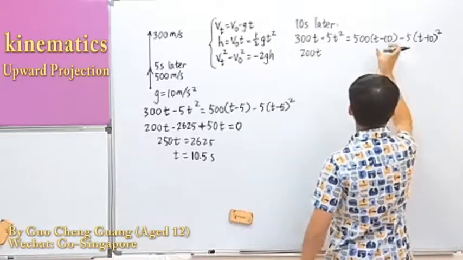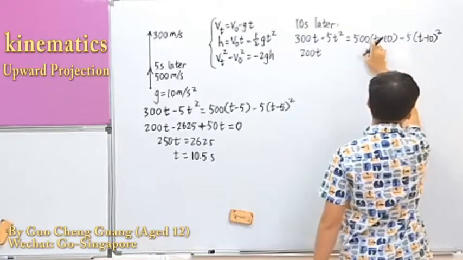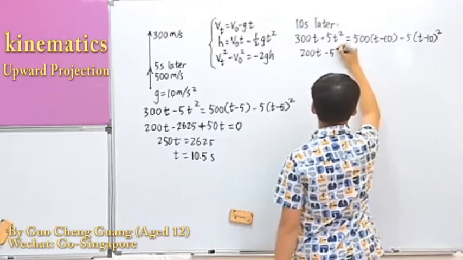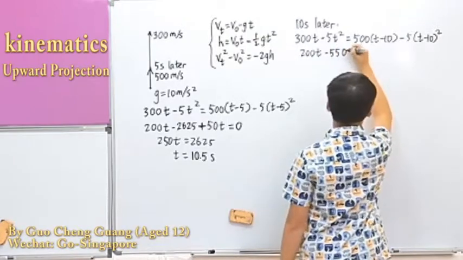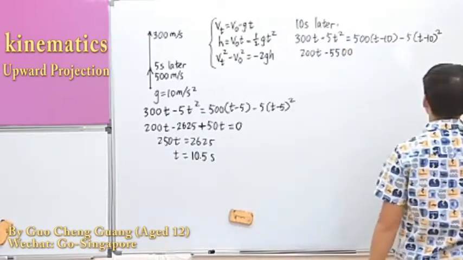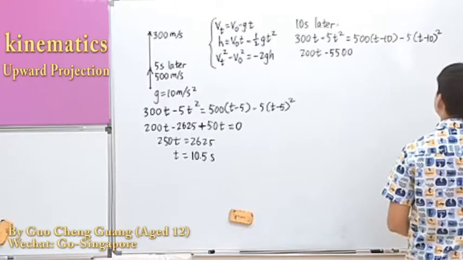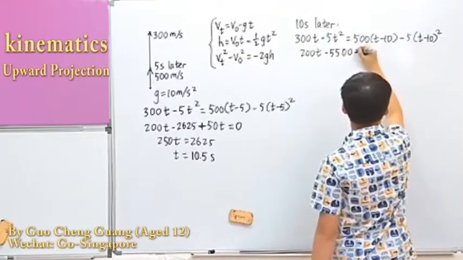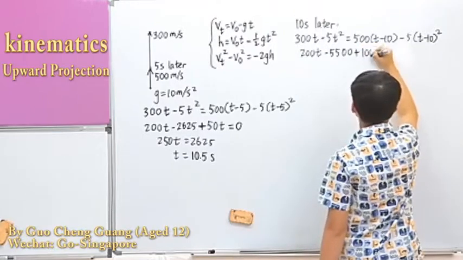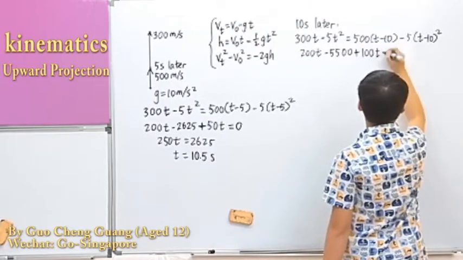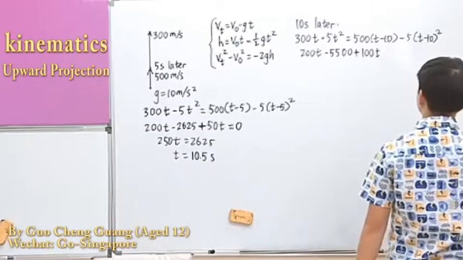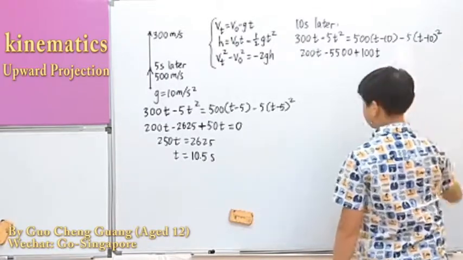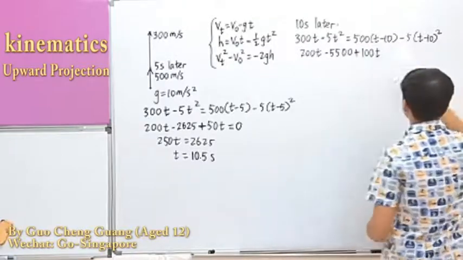Then next for this part, here you get a negative 5,000. Here you get a negative 500. So subtract 5,500. Then after that, you get negative 20, then times 10. So then you will add 100t over here.